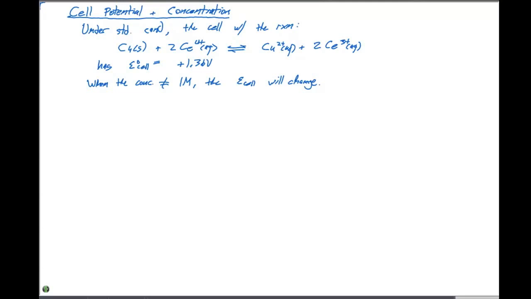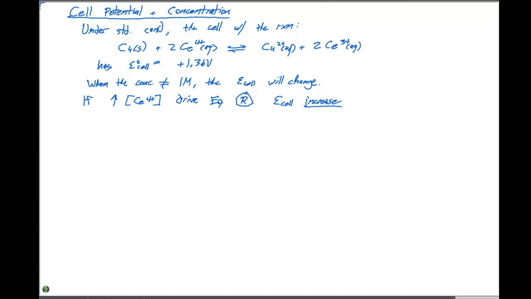So if we increase the concentration of the Ce4+, this is going to drive the equilibrium over to the right, and as a consequence, we're going to see the cell potential increase. So that's one stress that we can apply onto this equilibrium.